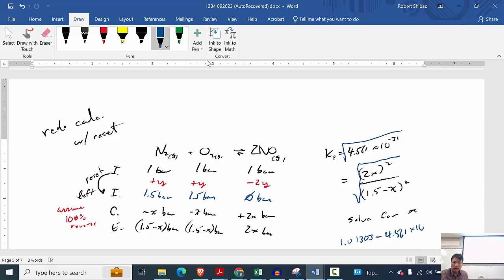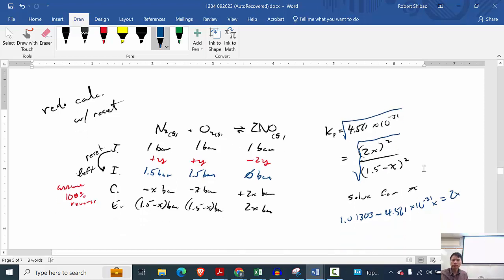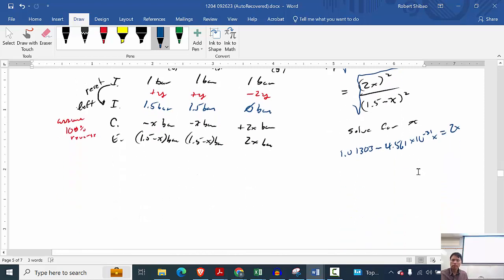4.561 times 10 to the minus 31 times x is equal to 2x. So I'll just add 4.561 times 10 to the minus 31 to both sides.